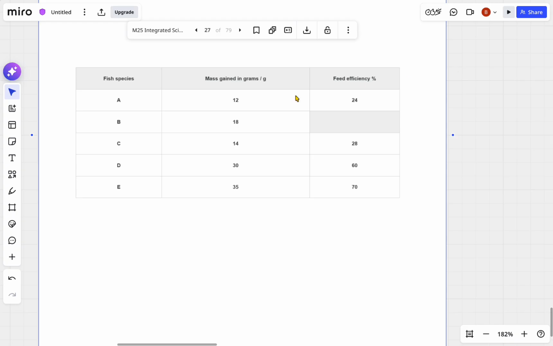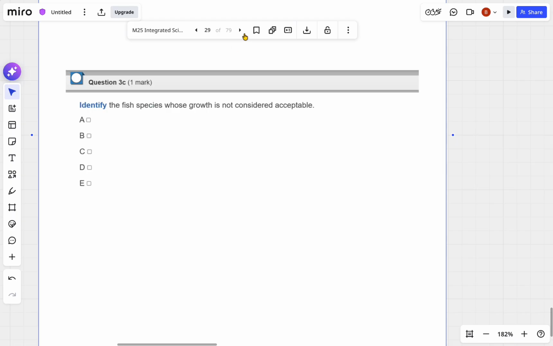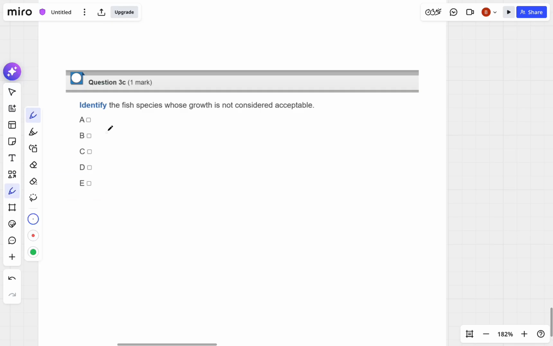We know that this is 36, and all of these are under 50. So for fish species A, B, C, the growth is not considered acceptable because the feed efficiency is not over 50%. D and E are over 50%, so they're good. Let's just tick these. So it's A, it's B, and it's C.